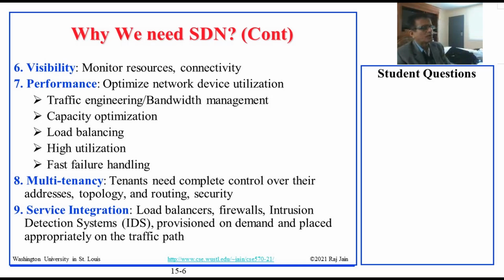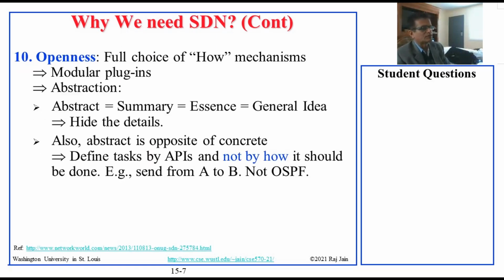And finally, the openness. Basically, full choice of all mechanisms you have. You can change any layer of the API, as you will see in a minute. And so your software is not reliant upon a particular hardware, and the hardware is not reliant on particular software. So you can change either one at any time. That is what defines SDN now.